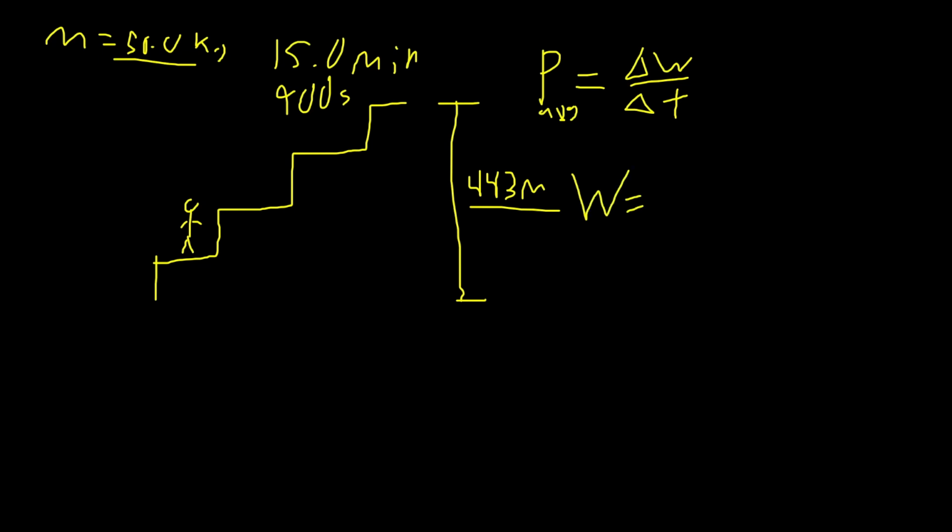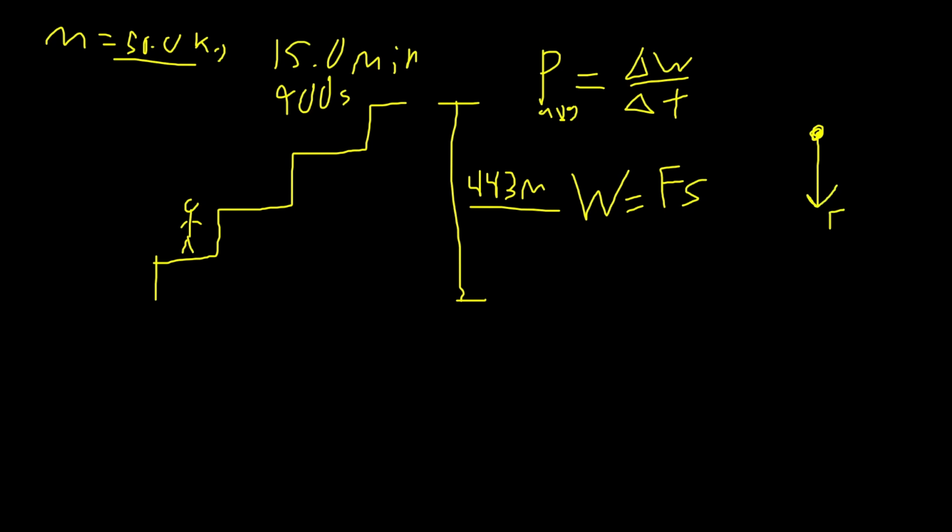So we find that the work equals the force that's being applied times the displacement. We have the displacement. We don't know the work at the moment, but we can find it in a second using our free body diagrams. We know that whatever force she's pushing up with is equal to the force that's pulling her down, since that's the force she needs to overcome to get up.